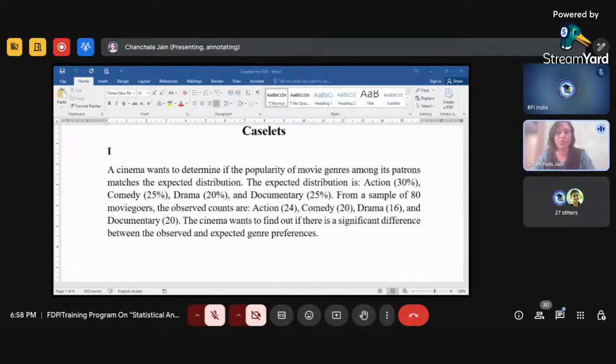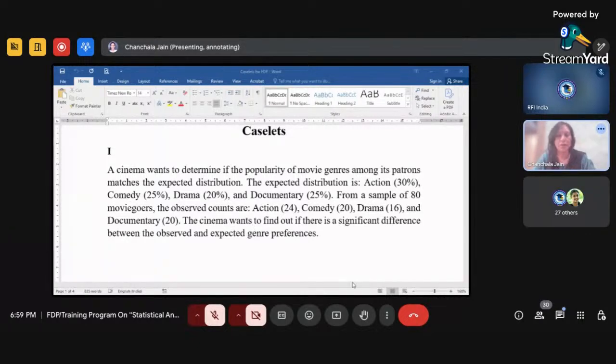I think it is a case of chi-square because it is clearly written that we have percentages for different categories of movie genre, right? And we want to see whether there is a significant difference between the observed and the expected genre preferences. So generally it's a count kind of thing, and that way these percentages were calculated, and we want to comment whether the observed percent and the expected percent or number are different or not. Is it fine?